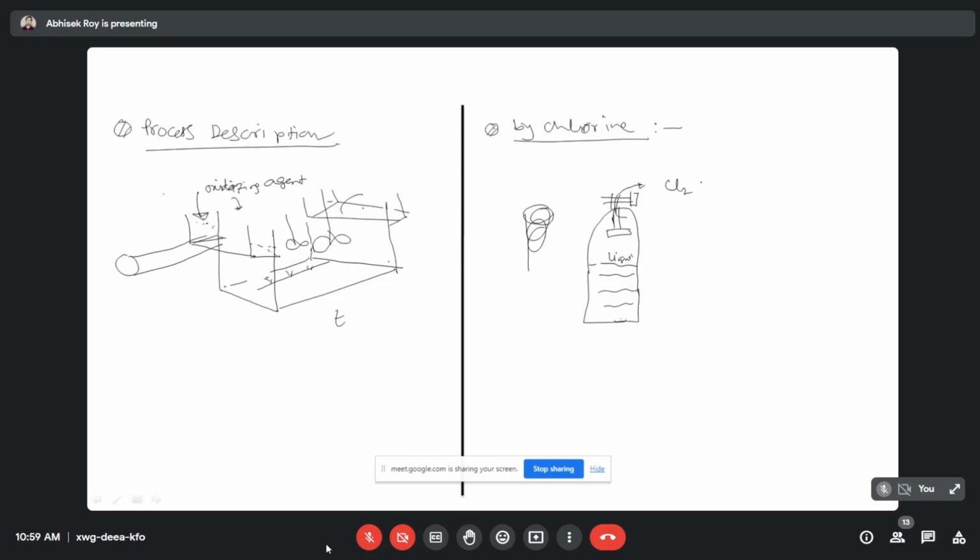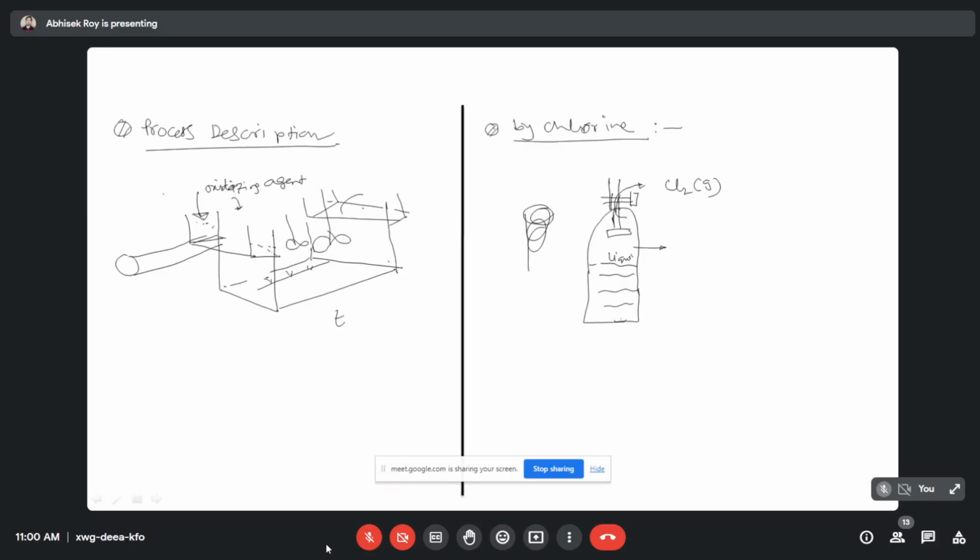Cl2 gas. Why is it transferred to chlorine gas? Because it is under atmospheric pressure, whereas inside it is under huge pressure. When you apply huge pressure, chlorine is readily converted to liquid, but at atmospheric pressure it is converted back to the gaseous form.